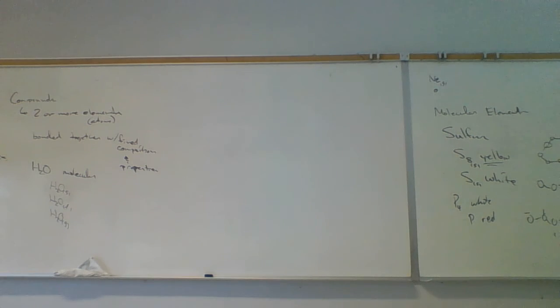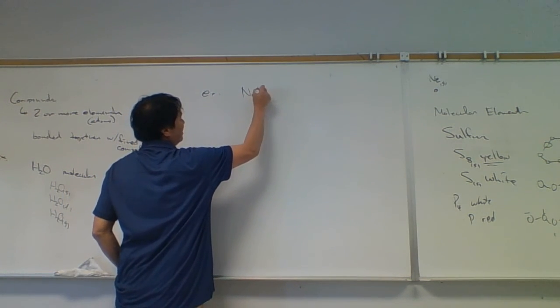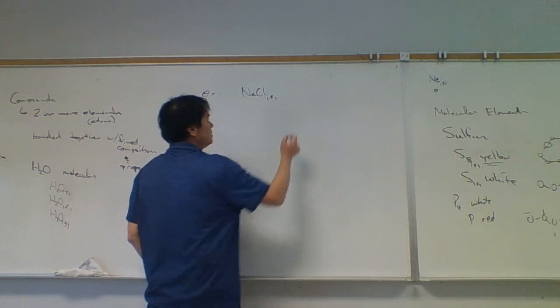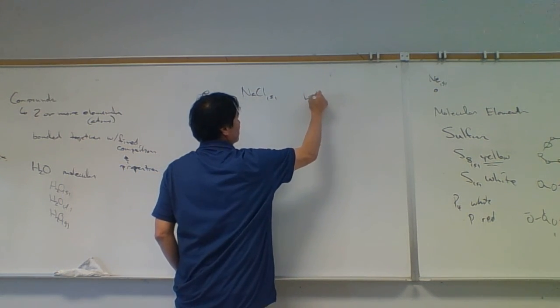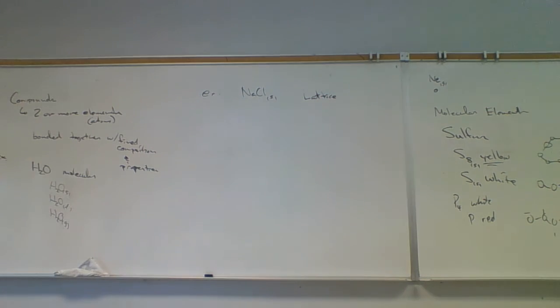Okay, we also have lattice-type compounds as well. An example of that would be salt, NaCl, solid. Salt is a lattice-style compound. We aren't going to have an individual molecule of salt.